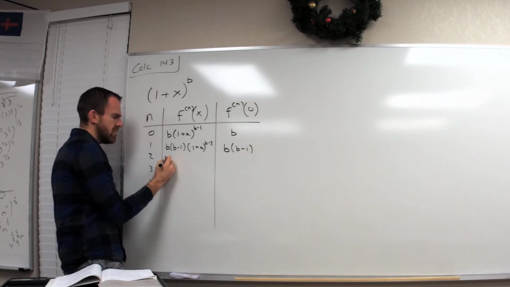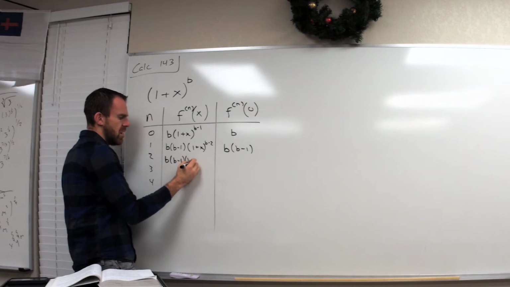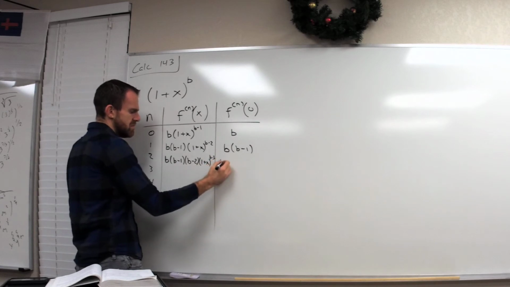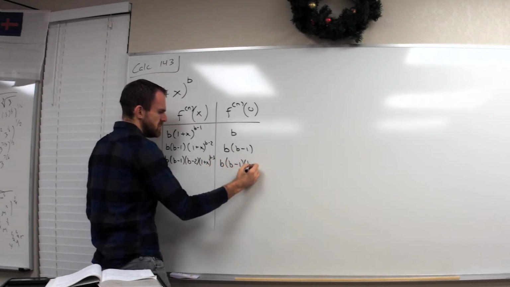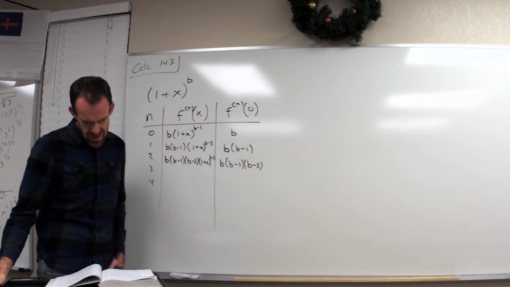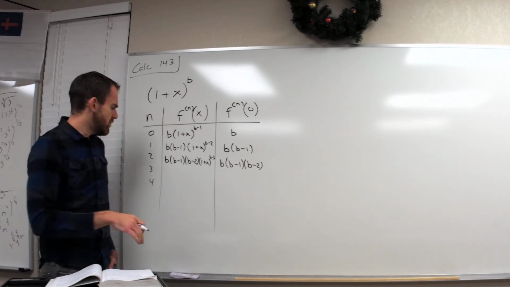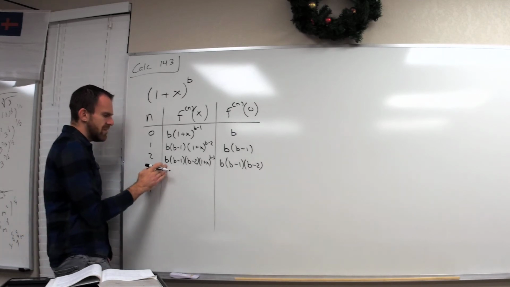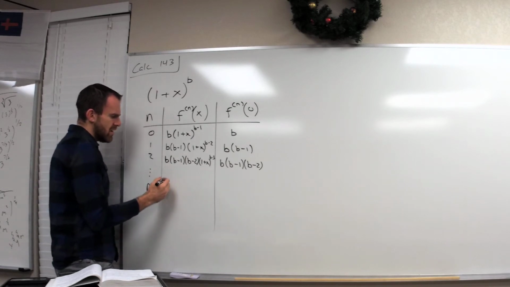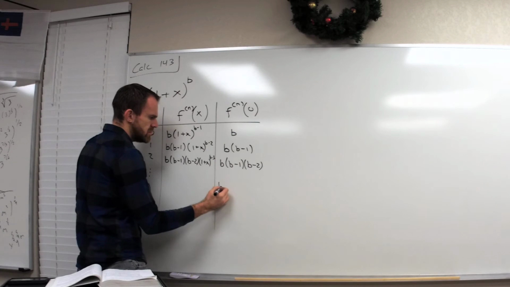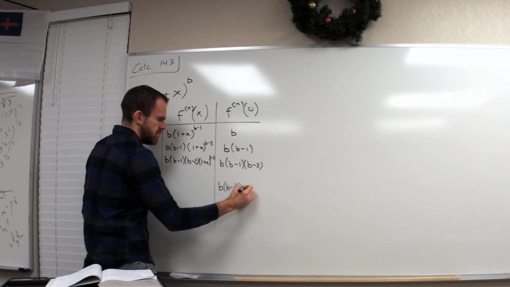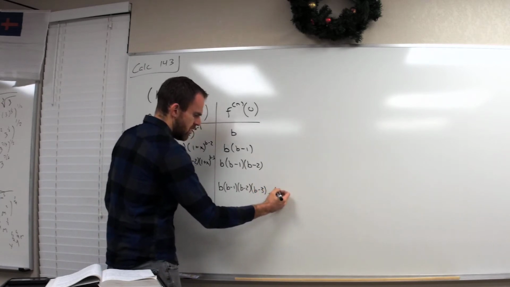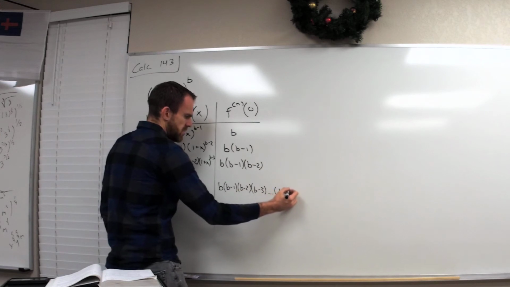Now, if we take the derivative again, we get b, b minus 1, b minus 2, times 1 plus x to the b minus 3. And it goes on and on and on. In fact, if I go to the nth term, I know that I'm going to have these factors coming out all the way down until, so I'll have b minus n minus 1.